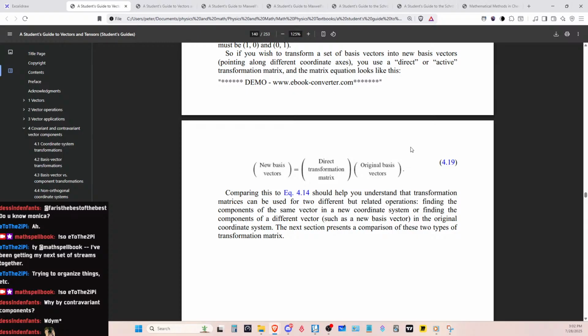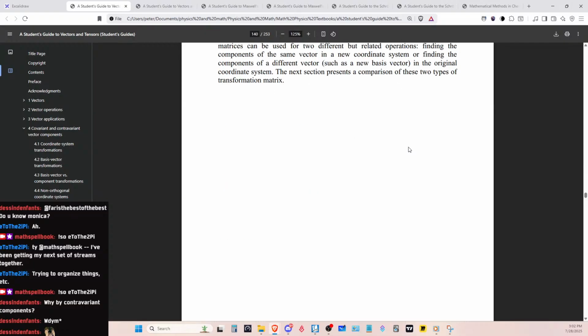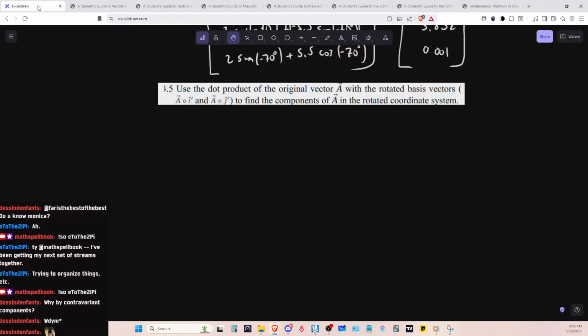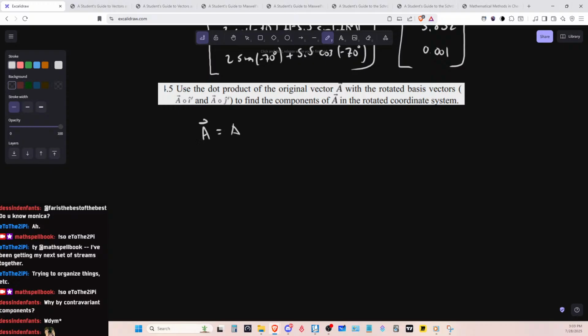Transformation, new basis vectors. Just thinking of A as like this.